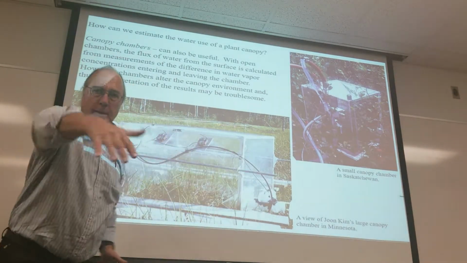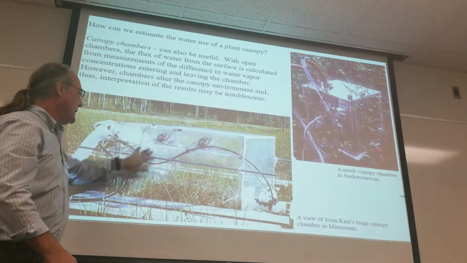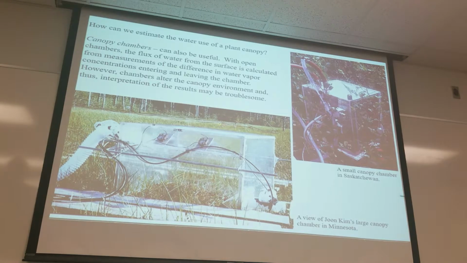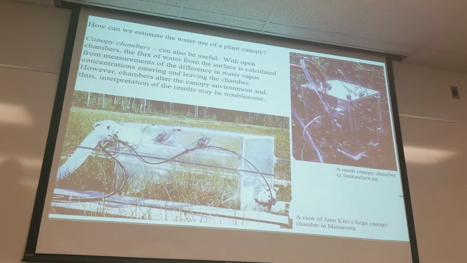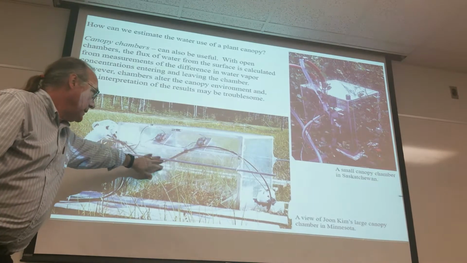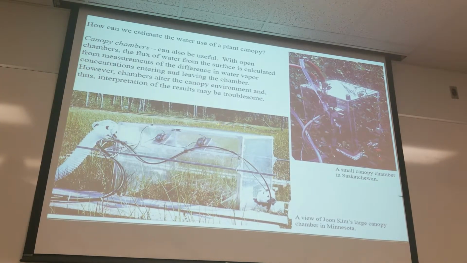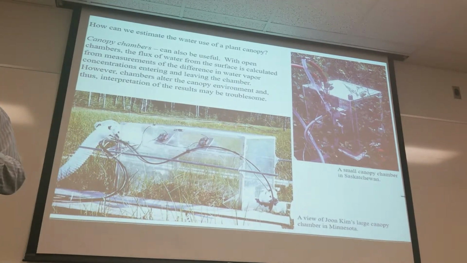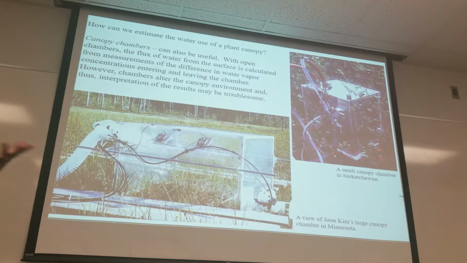It's like a big clear box. You put it on the canopy. And just like I described for the leaf chamber, like the Licor 6800 works, you can use a chamber like this to measure evaporation or transpiration from whatever's inside this chamber by looking at the vapor pressure going in and coming out and things like that.